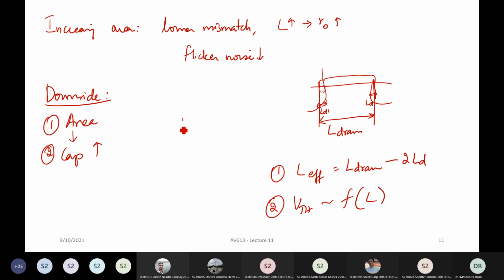For example, if you have a differential pair biased by a current source like this, and you are trying to increase the area of these transistors, you are now putting a significant amount of parasitic capacitance at this particular node. So area is more, capacitance is more, and of course everything has a trade-off.